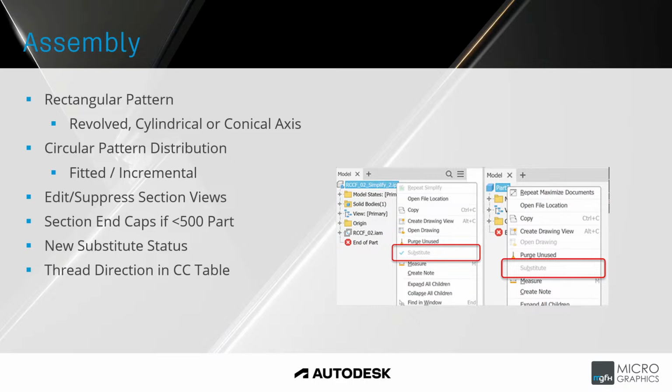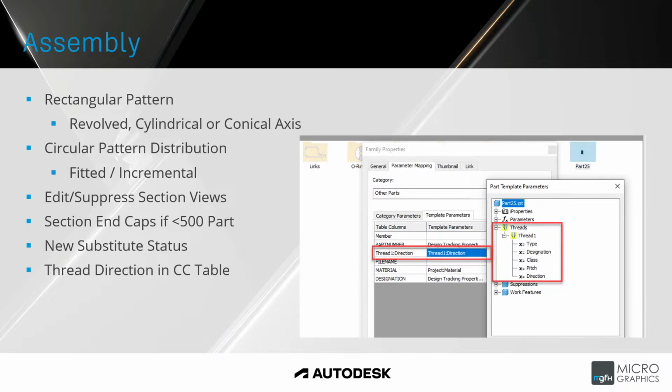If it's got a tick next to it, it means that that part is a substitute component. It was derived and created through the substitute process. And so we see in the images there on the right hand side the substitute with the tick showing us a substitute part, and then a standard component without the tick to show that substitute status.